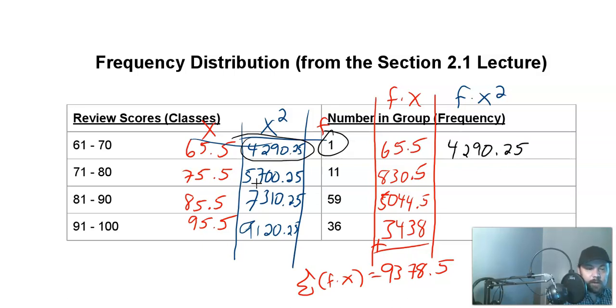Then we're going to have 5,700.25 times 11. All right, so let's go ahead and do that. 5,700.25 times 11, which is going to give me a huge number, 62,702.75.